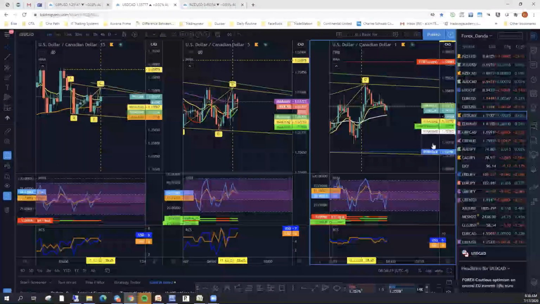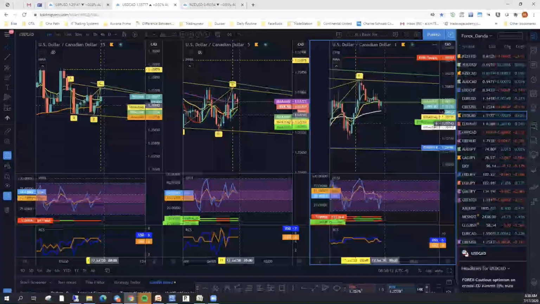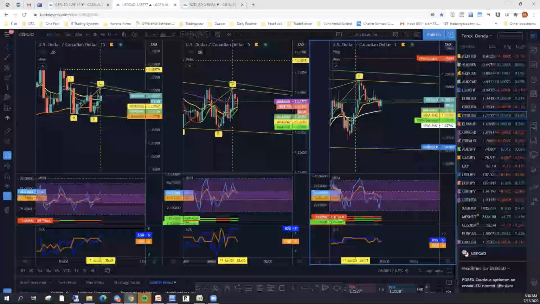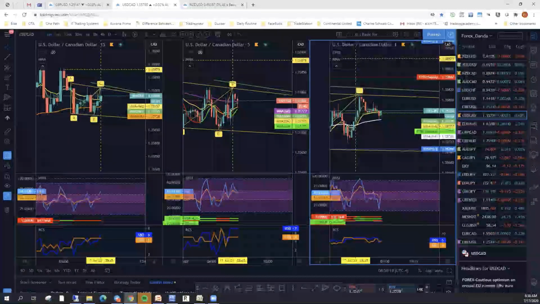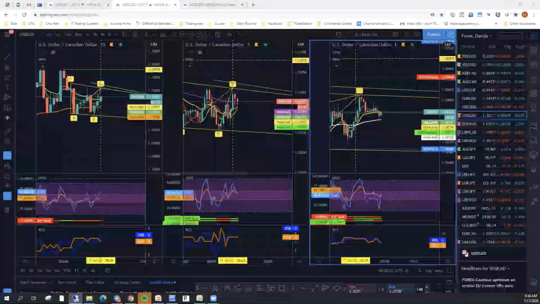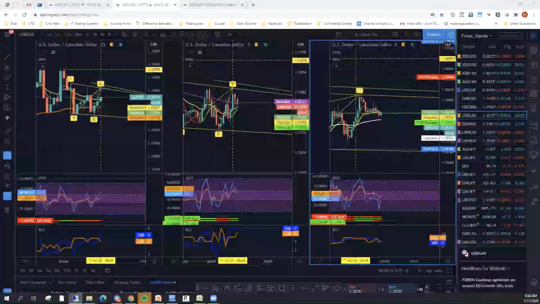It would be a descending wedge, but to me it just looks like a basing at this point. Quite the move though. About 25 pips from entry. Pretty good. Good move.